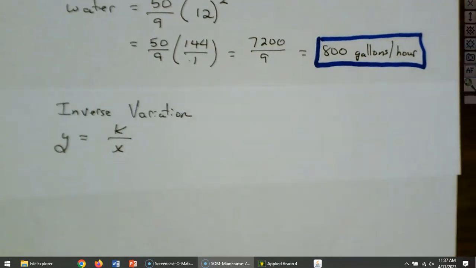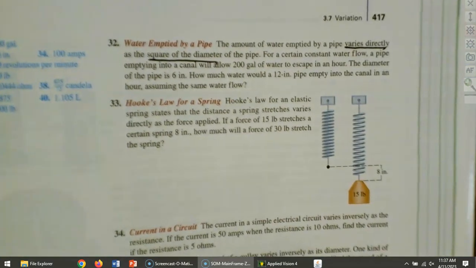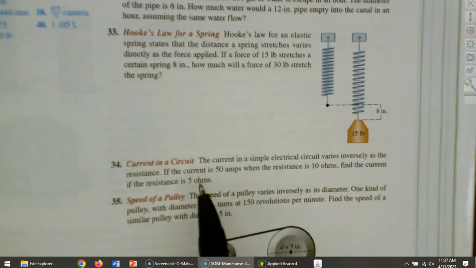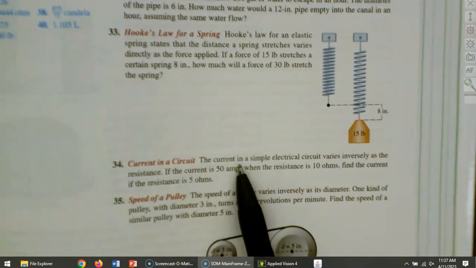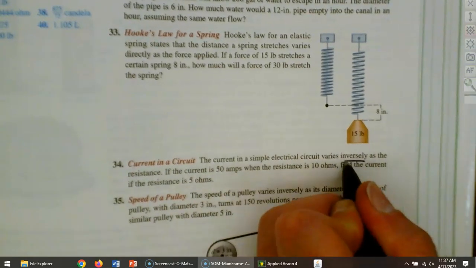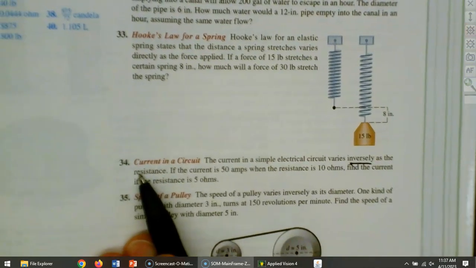So let's try one of these. Question 34. The current in a simple electrical circuit varies inversely, so very important here, varies inversely as the resistance.